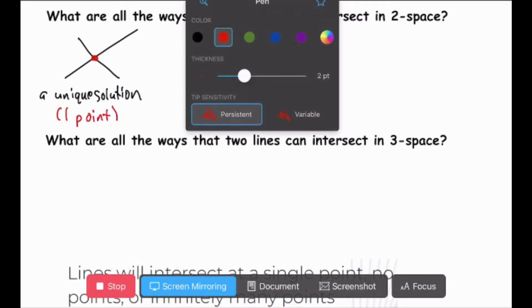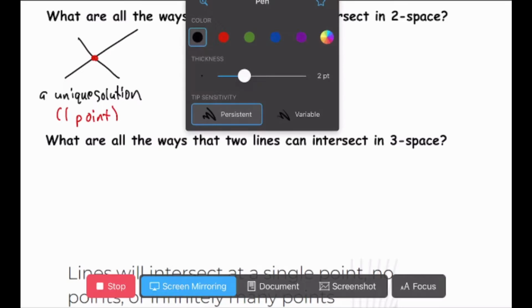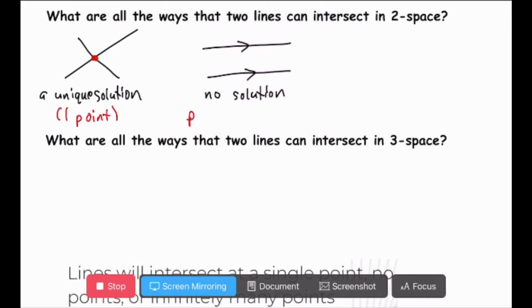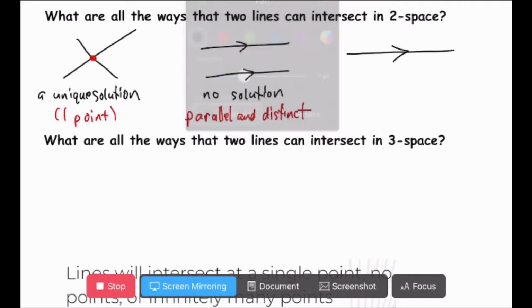We can have no solution, where the lines are parallel and distinct. Or we can have infinite solutions, where the lines are coincident and lying on top of each other.